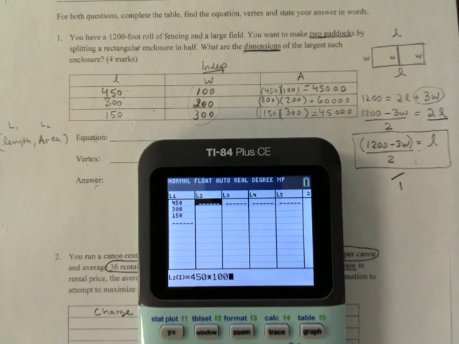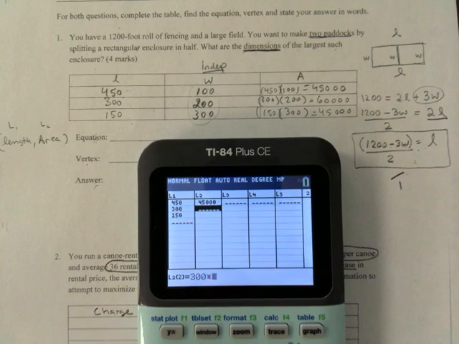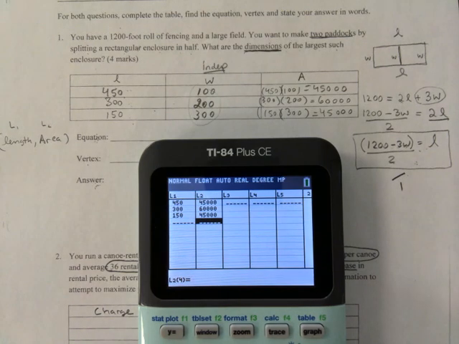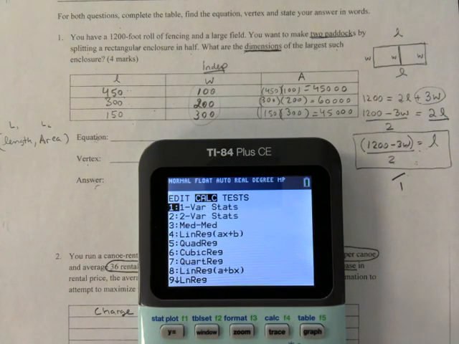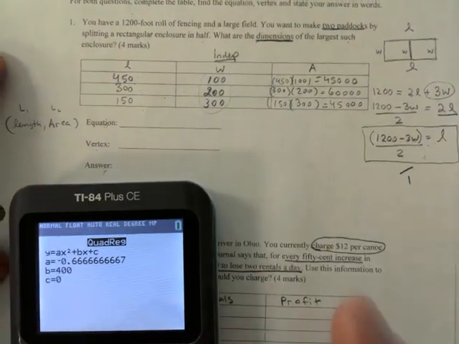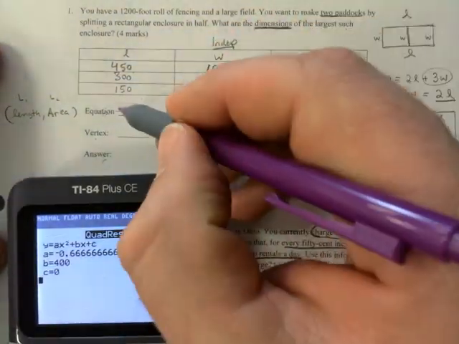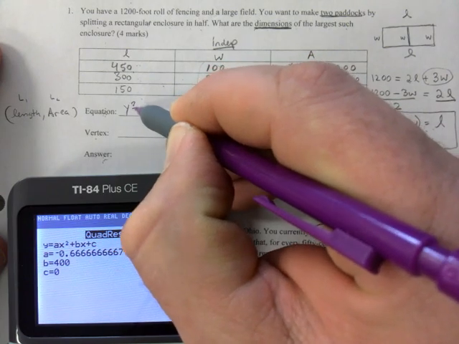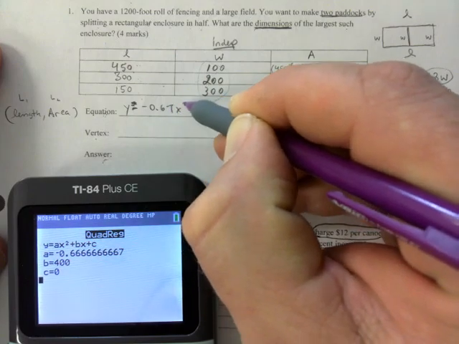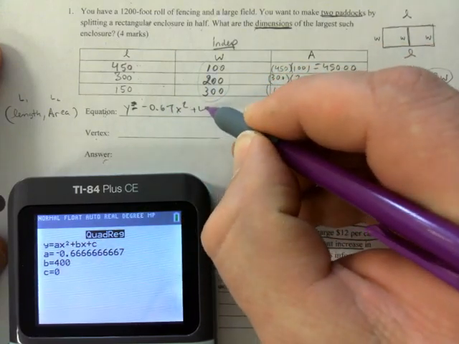So right, to double check, there we go. 150 times 300, 45,000 again. I go stat, calc, quadratic regression. If you did your homework, you could have skipped this. And so there we go. You get y is equal to negative 0.67 x squared plus 400x.